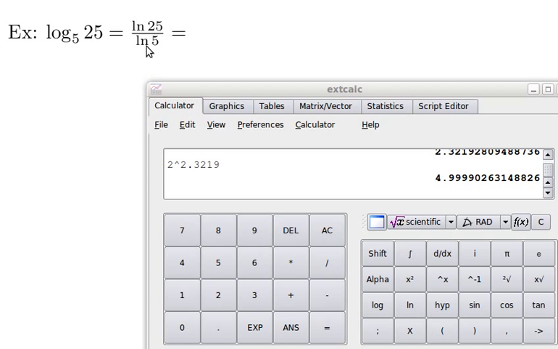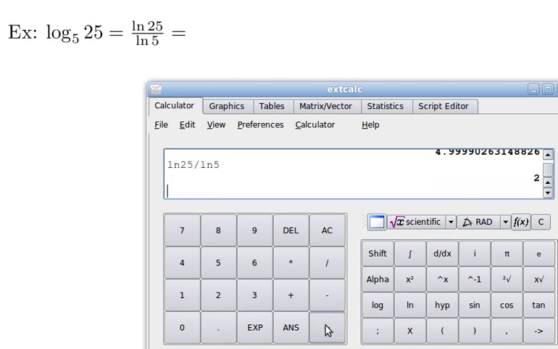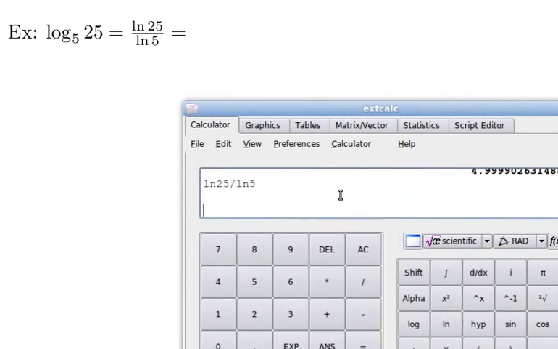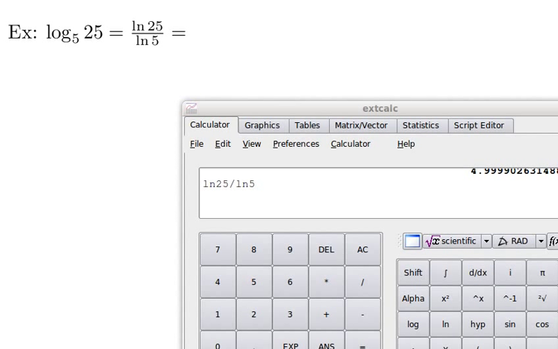It can't be common log here and natural log here. It has to be one or the other. So natural log of 25 over natural log of 5 gives us exactly 2. And it's exactly what we were expecting because 5 squared gives us 25.